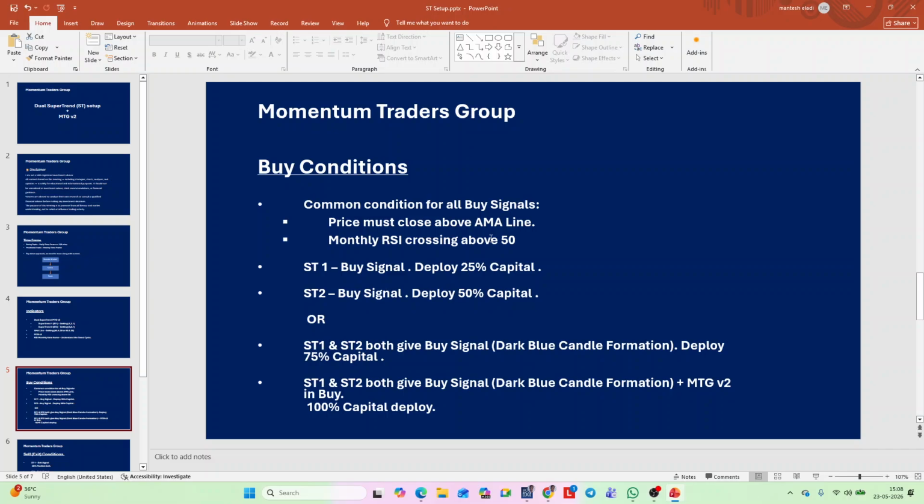There is no problem with that. But in case ST1 and ST2 both gave a buy signal, and MTG also gave a buy signal on the same day, then you don't need to worry about it. You can straight away deploy your 100% capital into that stock. So if it is 1 lakh rupees, directly you can buy 1 lakh rupees of stock in one shot as well.